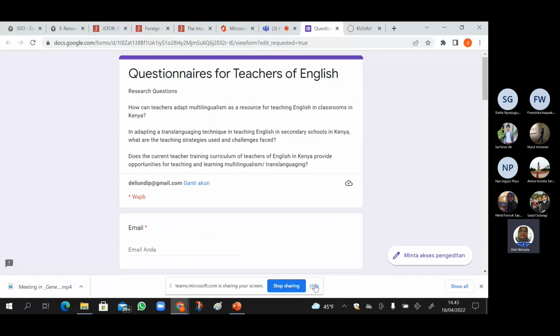How can teachers adapt multilingualism as a resource for teaching English in the classroom? Yeah, so you are asking teachers and then also students. Yes. But this one is just for the teachers only.